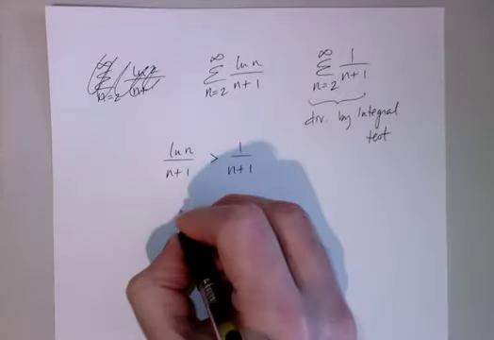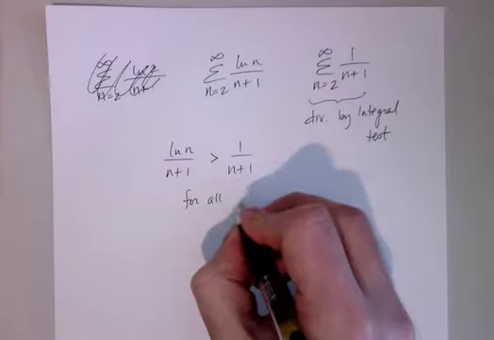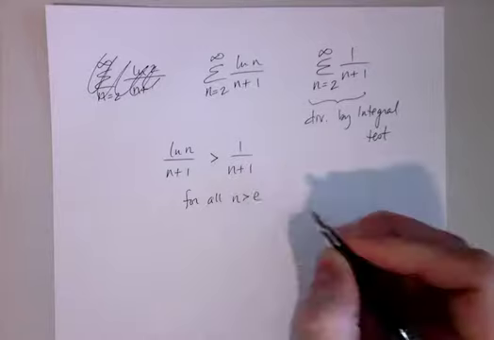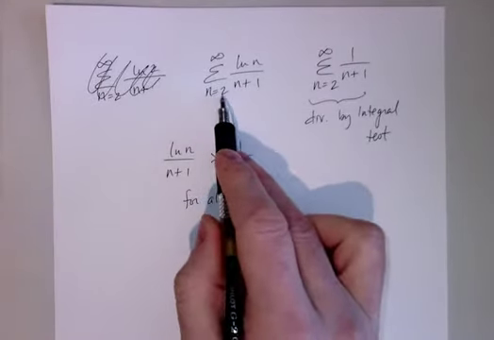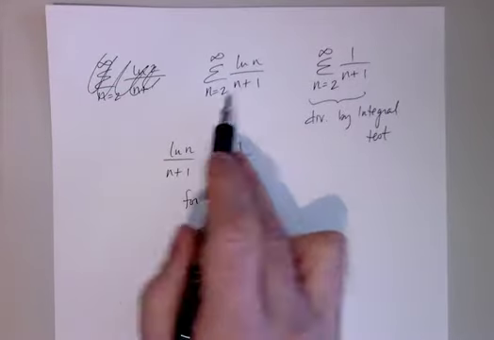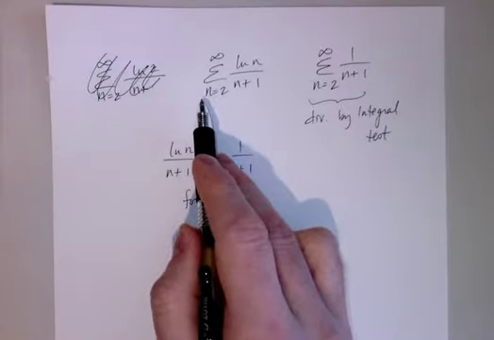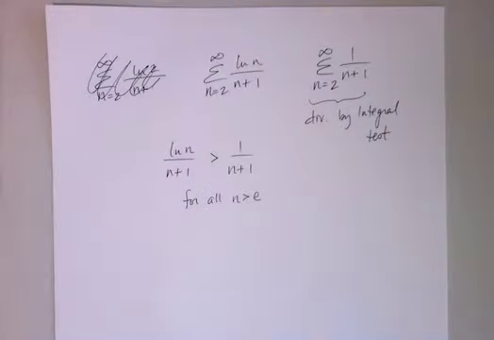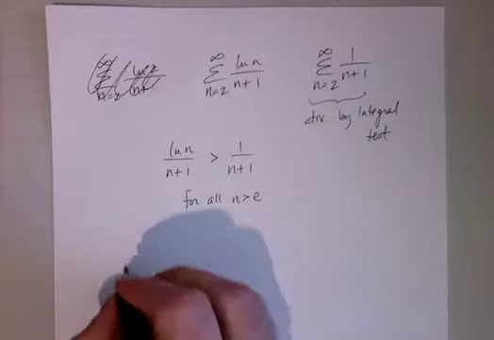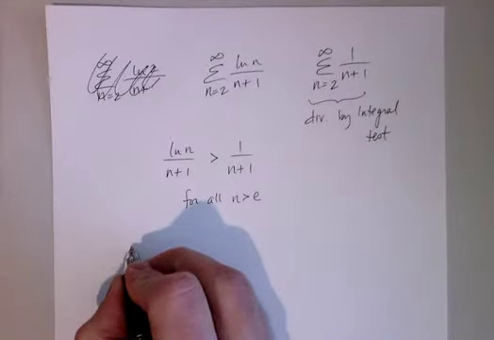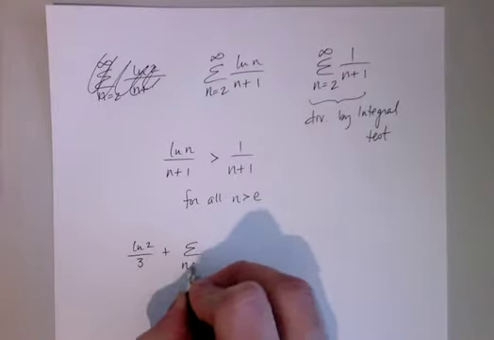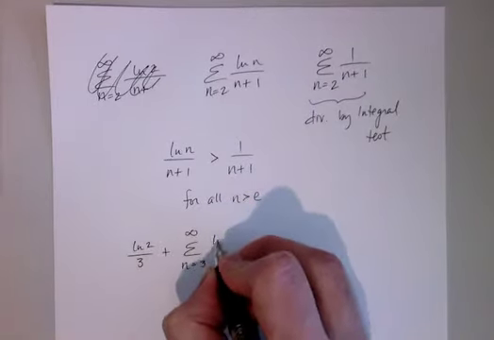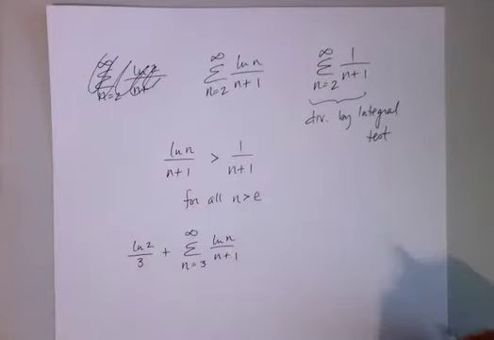So if this is greater for all n greater than e, then just like last time, you just have to finagle it. Instead of n equals 2 to infinity, you put one constant out in front and redefine it as n equals 3 to infinity, because 3 is the first integer beyond e. So you wind up getting natural log 2 over 3 plus the sum from n equals 3 to infinity of natural log n over n plus 1.